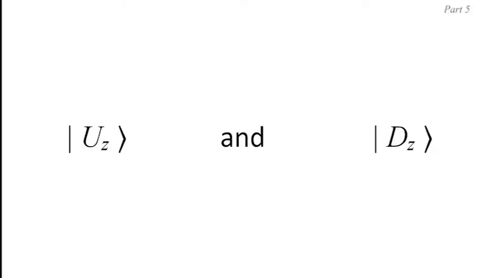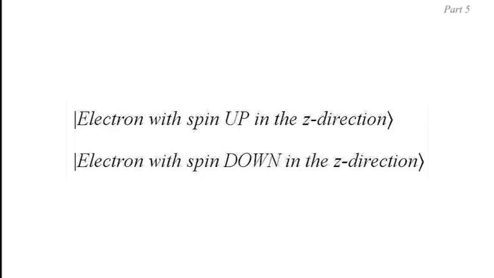And in any case, we're allowed to put whatever shorthand we like inside the ket bracket. We could even put more detail inside it if we really wanted to. We could write these two states like this: electron with spin up in Z direction and electron with spin down in Z direction. This ket notation, as I say, is simply a shorthand to describe what the state is about.